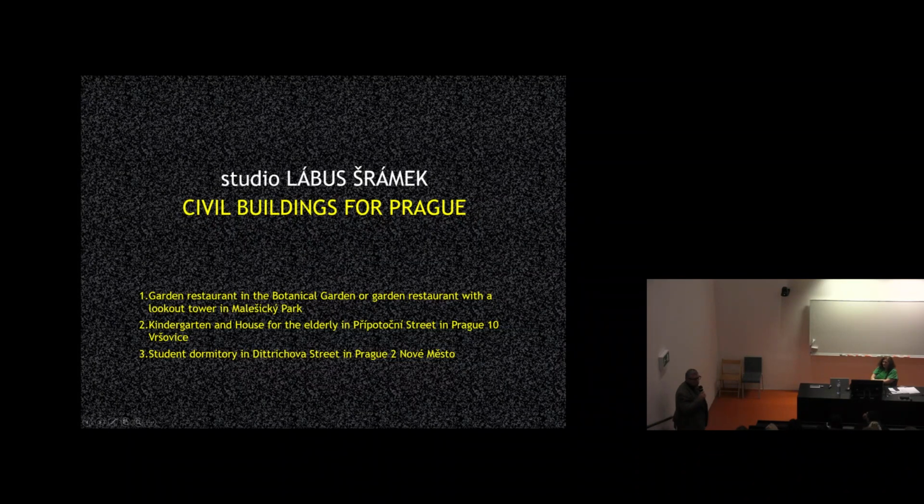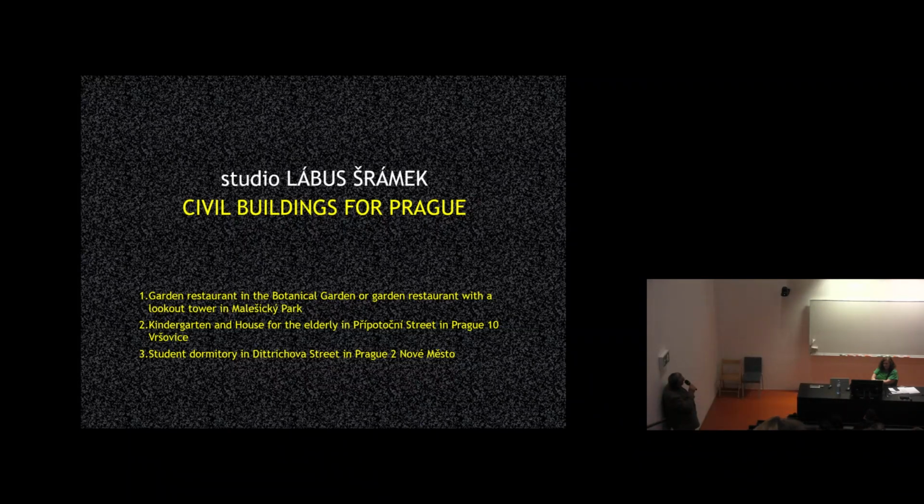Hello, good afternoon. My name is Šrámek, and I'm part of the pair Lábus Šrámek in studio 706. So here you see our assignments for the summer semester. We are offering 2 kinds of garden restaurant, one in the Botanical Garden of Prague and the other in Malešecký Park.